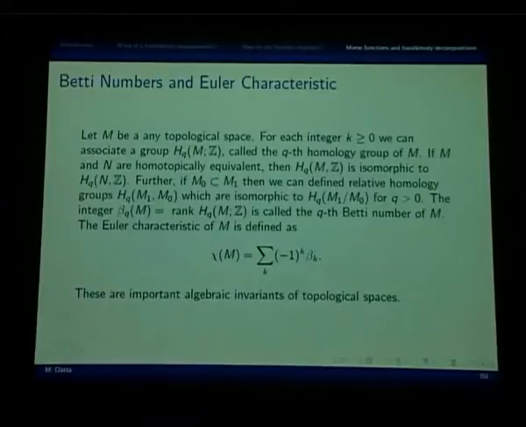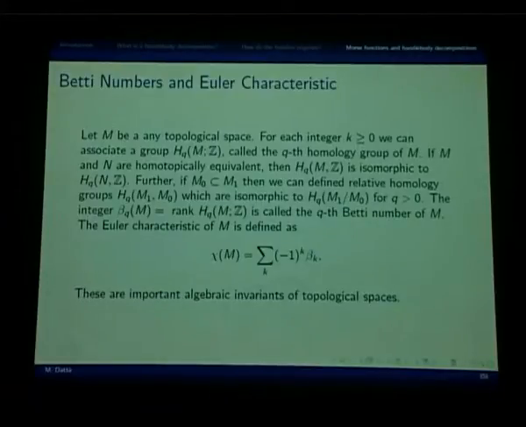For each integer q, you have HQ(M, Z), a homology group. If M and N are homotopically equivalent, then HQ(M, Z) is isomorphic to HQ(N, Z). Further, if M0 is contained in M1, then we can talk about relative homology groups HQ(M1, M0), which are isomorphic to HQ of the quotient space M1 quotient M0 for q greater than 0.